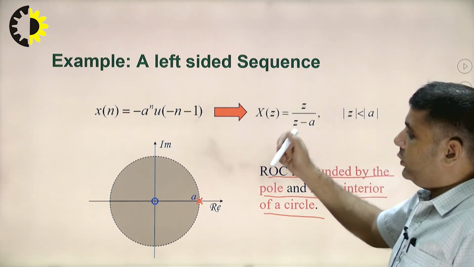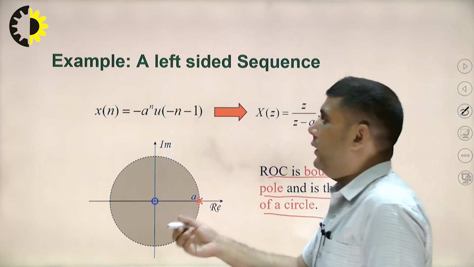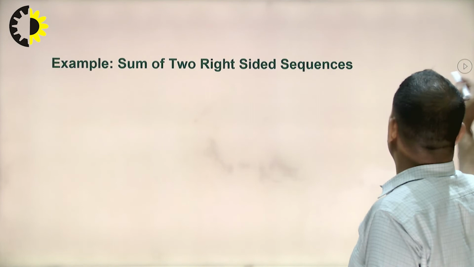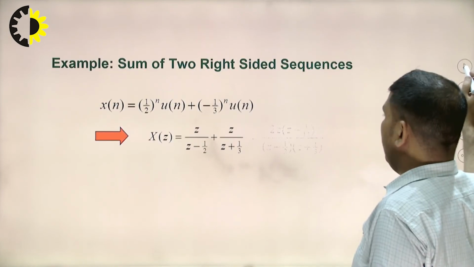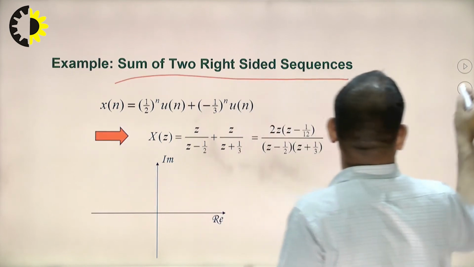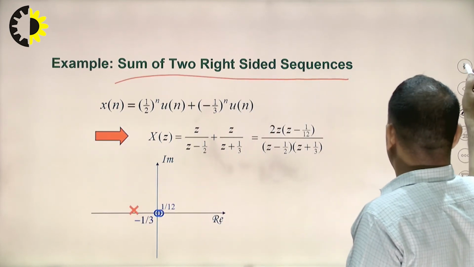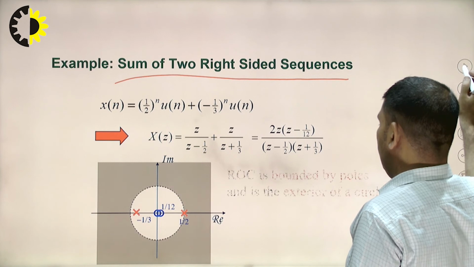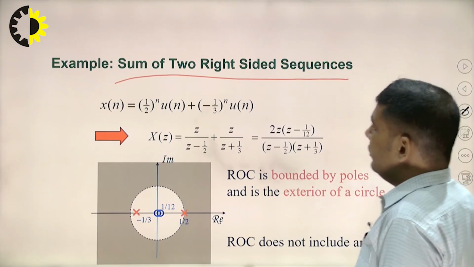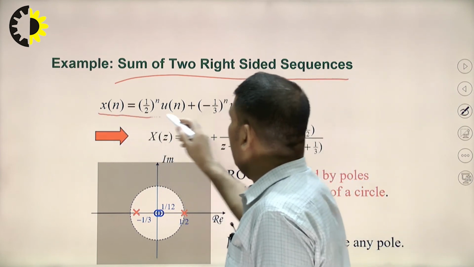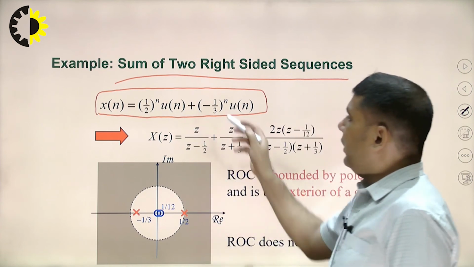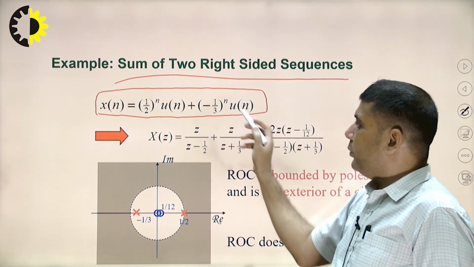So all the poles must lie on the left hand side of the z plane if we plot them on the z plane. We have one more example in which we have a sum of two right side sequences. Suppose x[n] is equal to half raised to power n u[n] plus minus 1 by 3 raised to power n u[n].